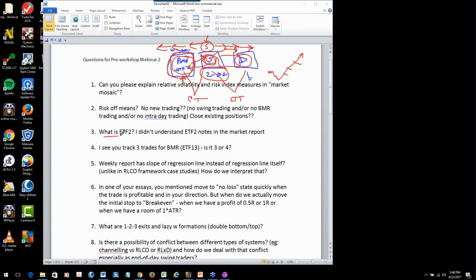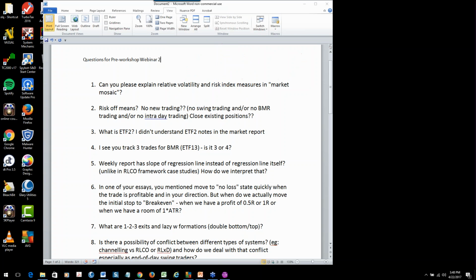And so now the ETF2 is this longer term look at relative strength that considers the performance of 1,000 ETFs all around the world and gives us insights into what the larger term and longer term patterns of institutional money flow tends to look like.